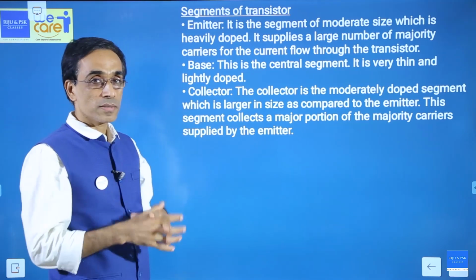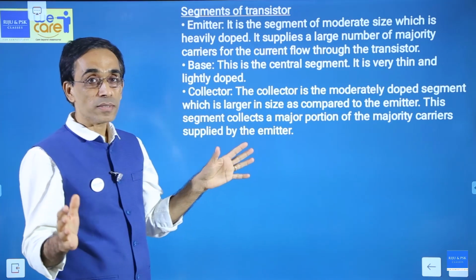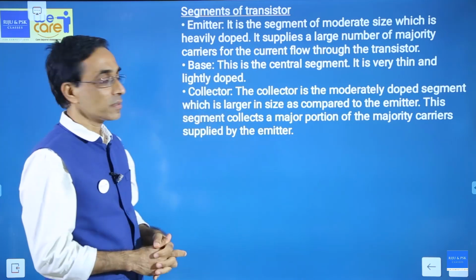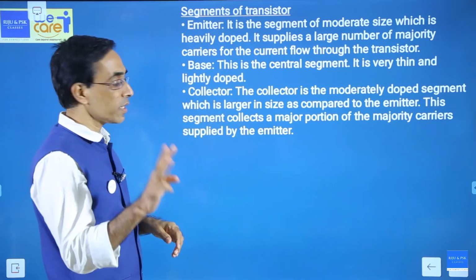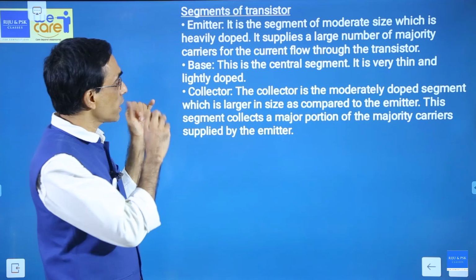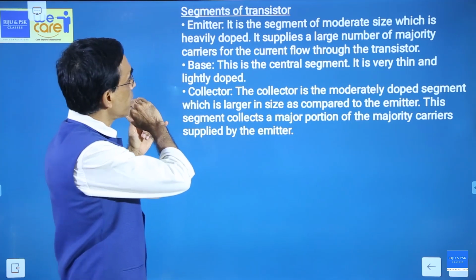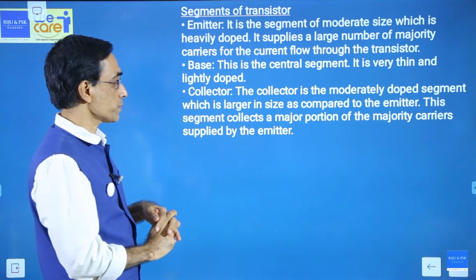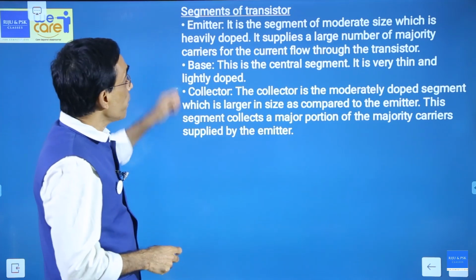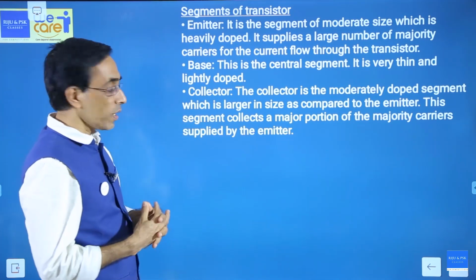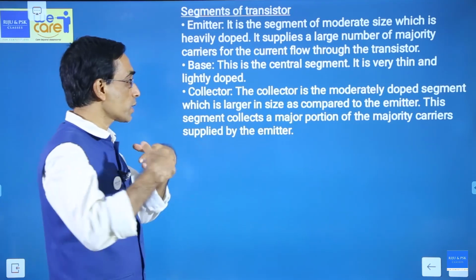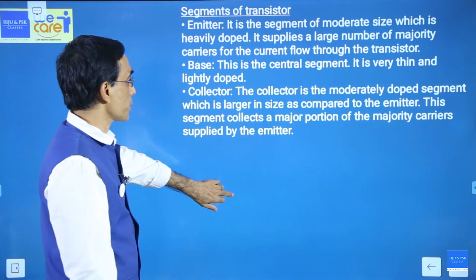About physical size: the collector is largest in size, the base is smallest, the emitter is moderate. These three different segments, their doping concentration, the physical size, etc. should be understood. The emitter is heavily doped because it produces a large number of electrons and holes for the working of this transistor.